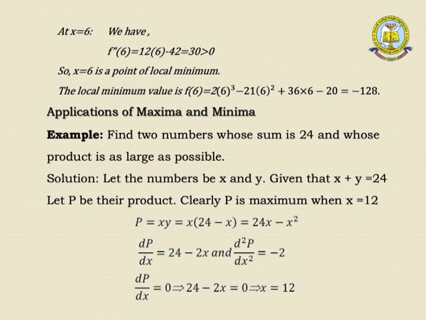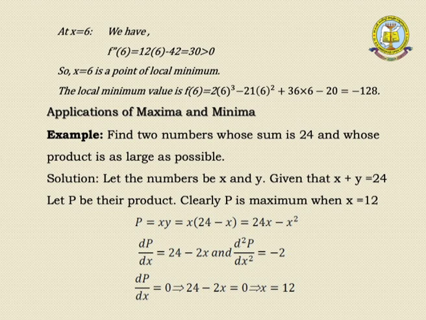Suppose p is the product, that means p is xy. Clearly, the product p is maximum when x is equal to 12. Why? Because p is xy, that means x into 24 minus x, which is equal to 24x minus x square. Find dp by dx, it is 24 minus 2x.